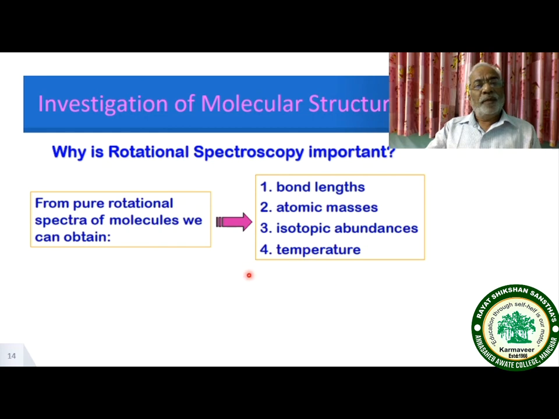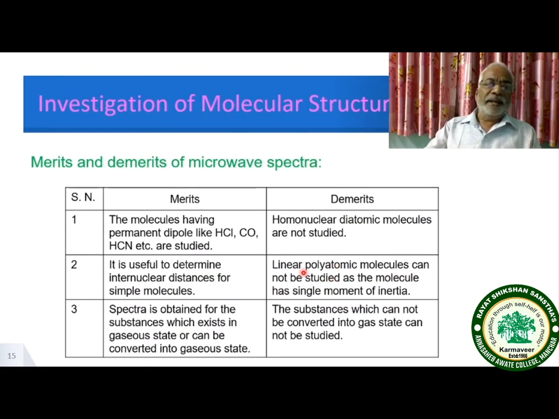Now, why is rotational spectroscopy important? Because it leads us to understand the bond length, atomic masses, isotopic abundances, and at what temperature the spectra will be recorded. Now we sum up the merits and demerits of rotational spectra.